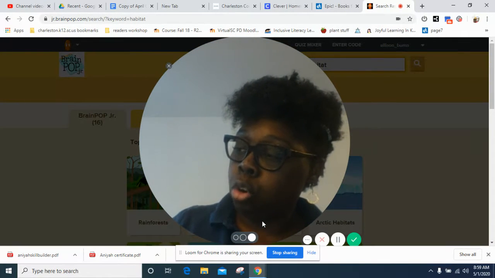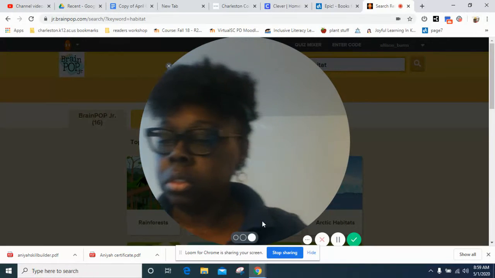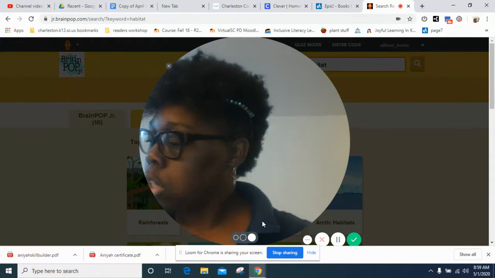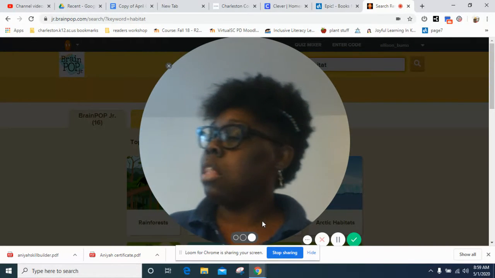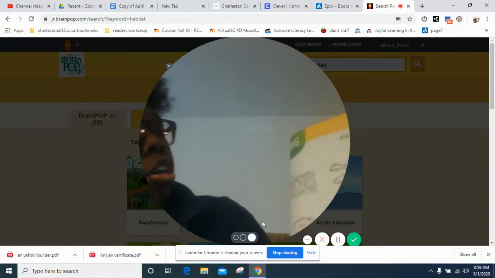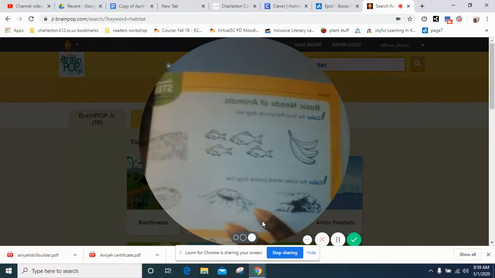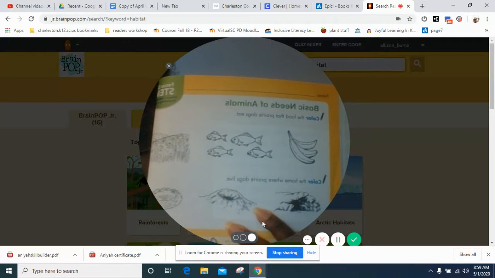They live in burrows underground, right? So that's where prairie dogs live. And then on the back of that page, basic needs of animals. Color the food that prairie dogs eat. Which one of these pictures shows you what prairie dogs eat?